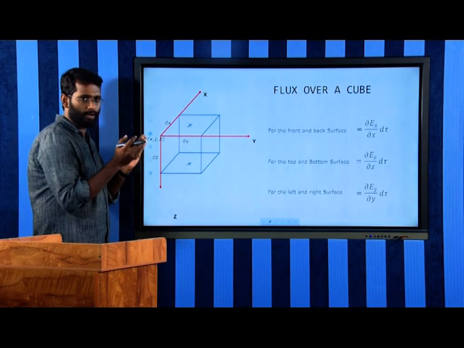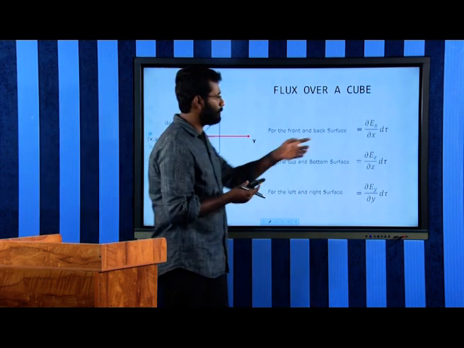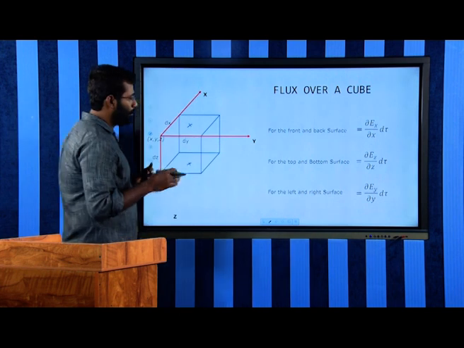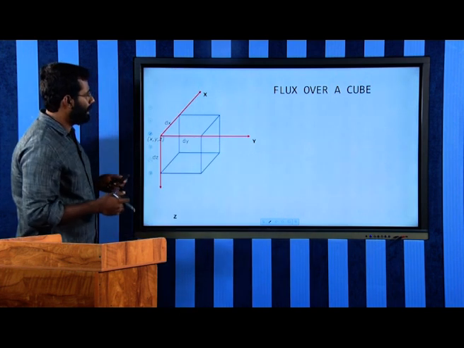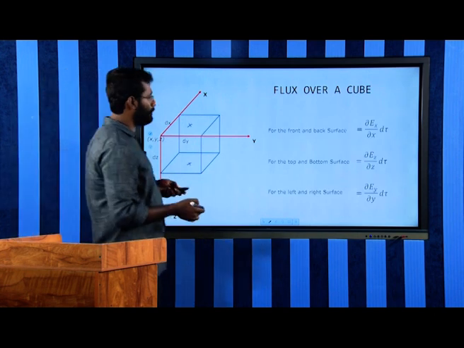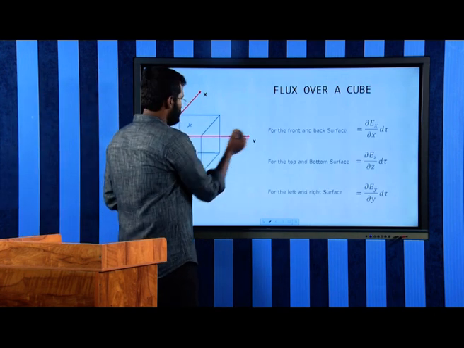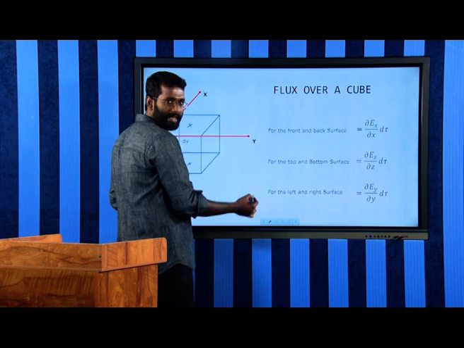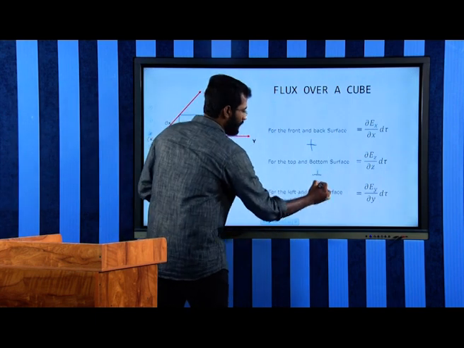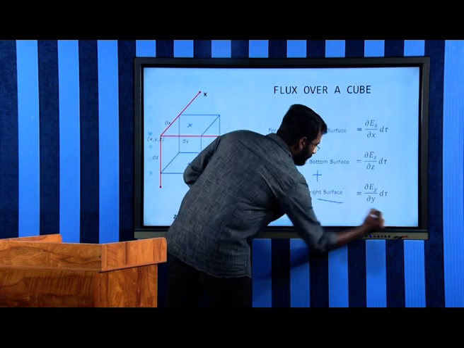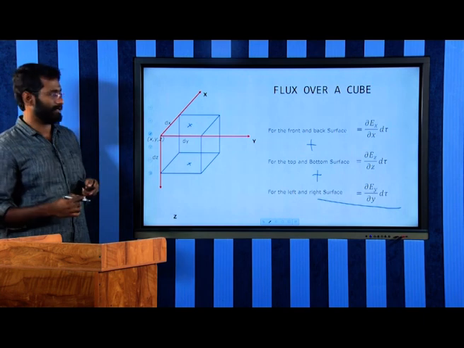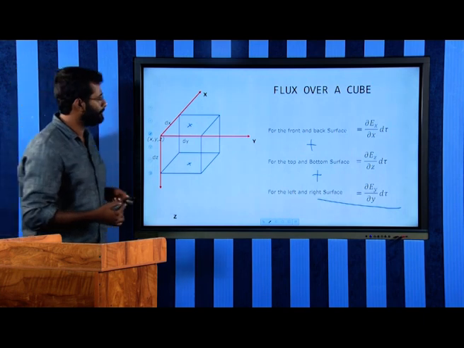We find it together so that it is easy to calculate, that is why we found it like this. Now, we can sum it up into a single equation. This is for the first 2 surfaces, that is front and back, so we have to add this plus this plus this. When we sum it up together we get the total flux over the 6 surfaces. Let us calculate that.